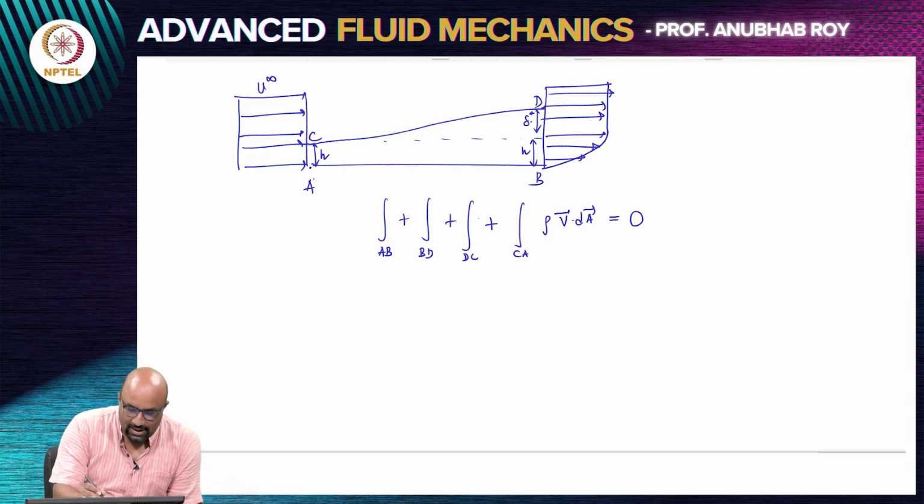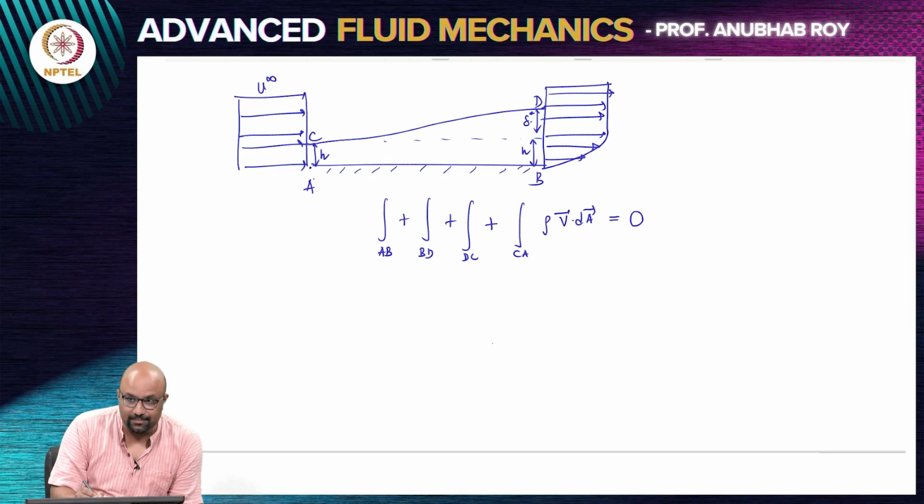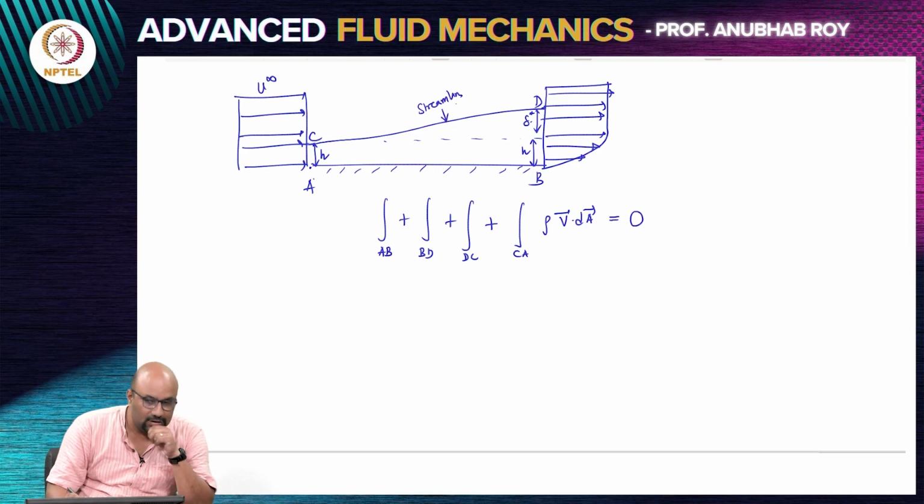Now, of this, AB is an impermeable surface, CD is a streamline, right.